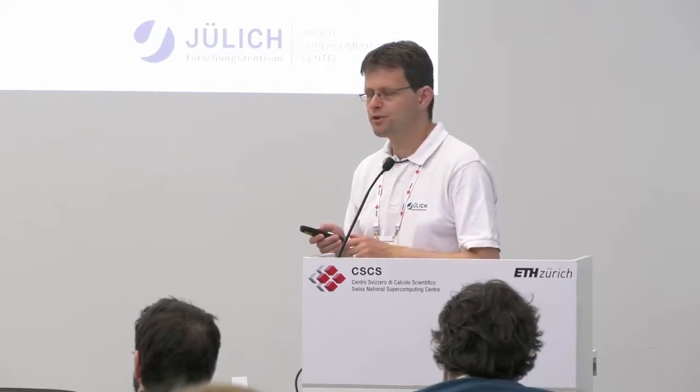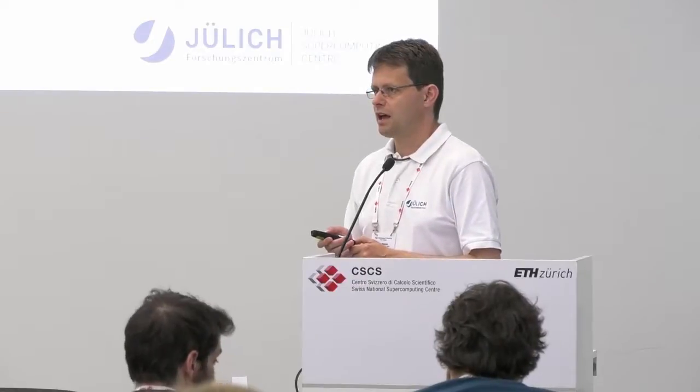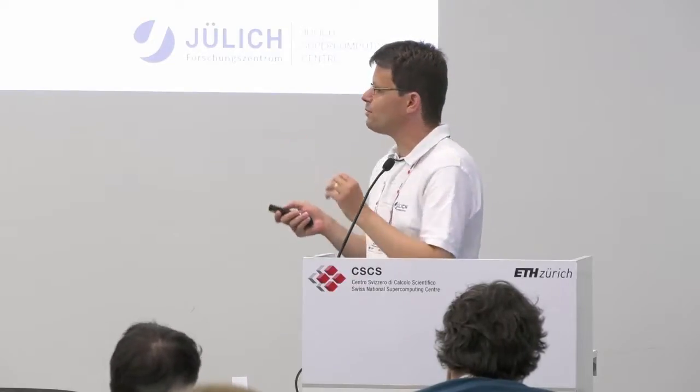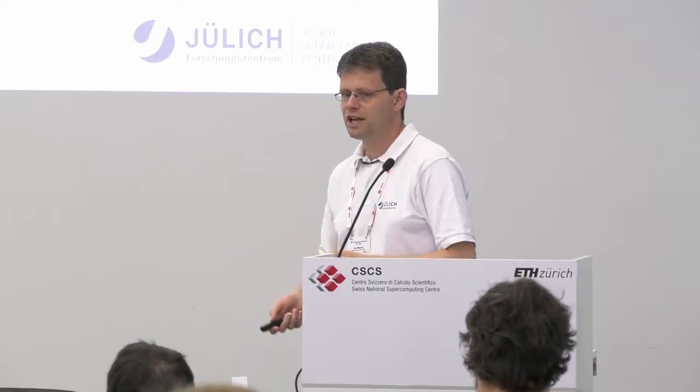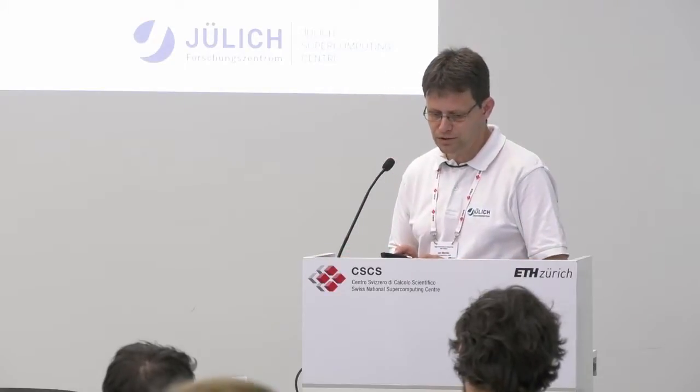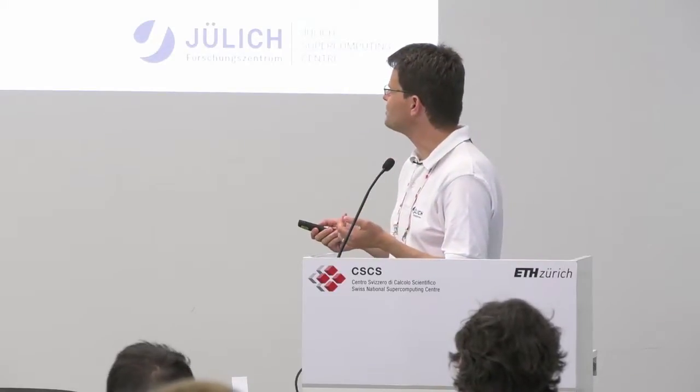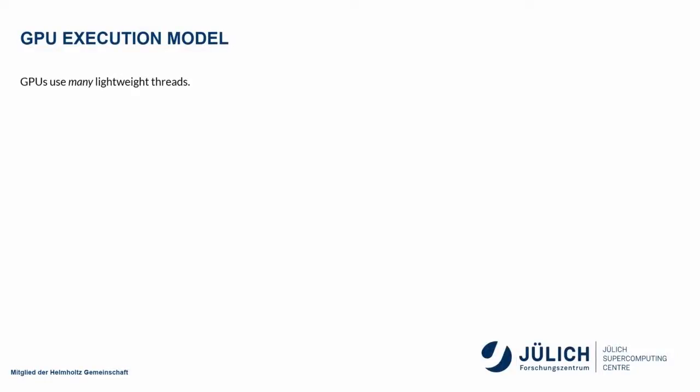This different approach that I have on the CPU, where I want to be able to execute a single instruction versus the GPU, where I want to execute a lot and get to throughput, also led to a different kind of execution model. GPUs use very lightweight threads, and a lot of those.